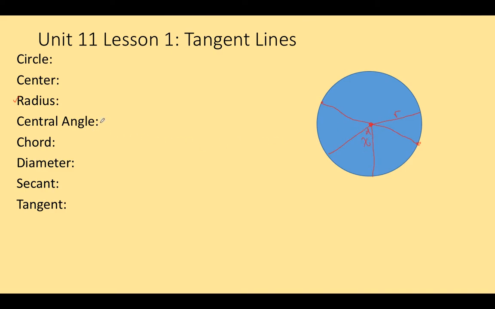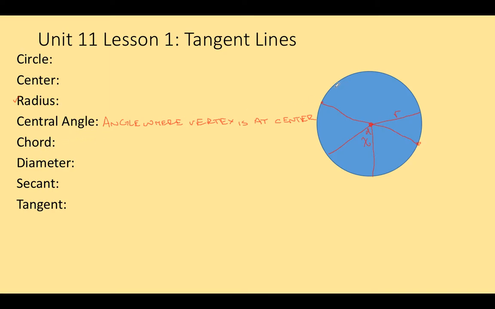A central angle is an angle where the vertex is at the center. That makes sense. So we've got this angle, and the vertex of that angle is right there at the center. That'll be a pretty important thing here in the next lesson.